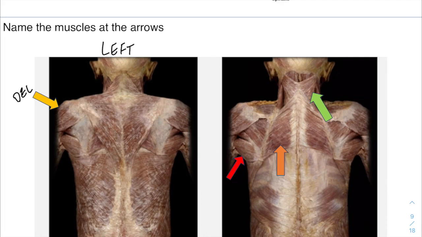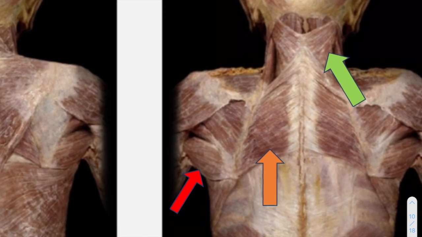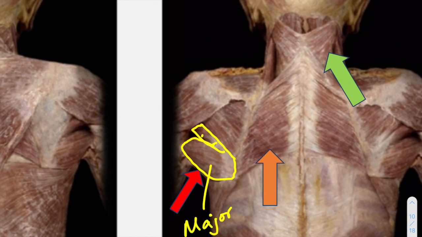We'll just work laterally to medially. So I'm going to zoom in here. There's going to be two important muscles right here that you're going to have to know. This one is the fat one, big one. That's a major muscle. And then the one above it is going to be a minor muscle.